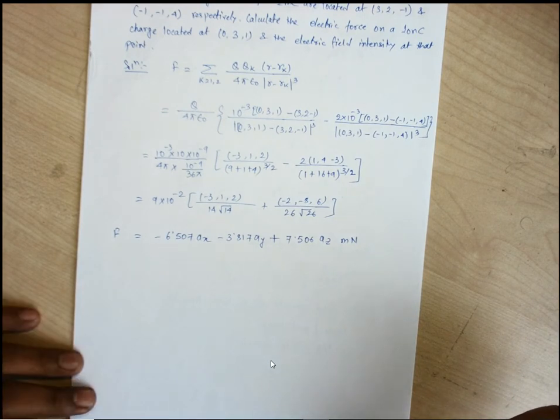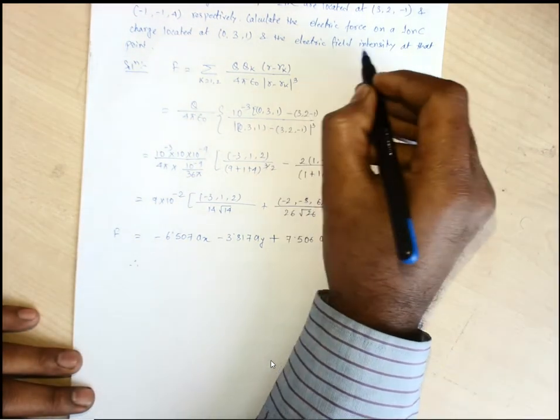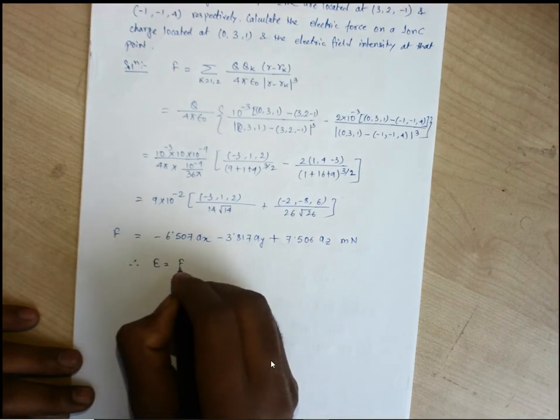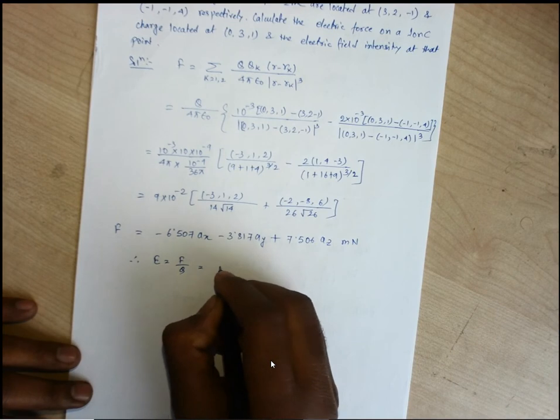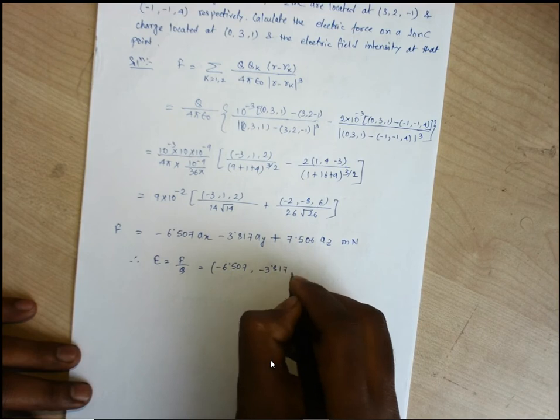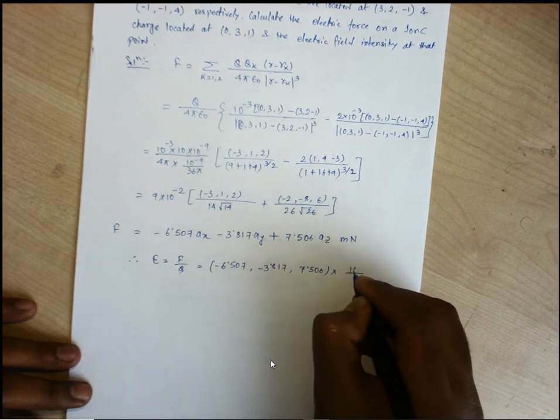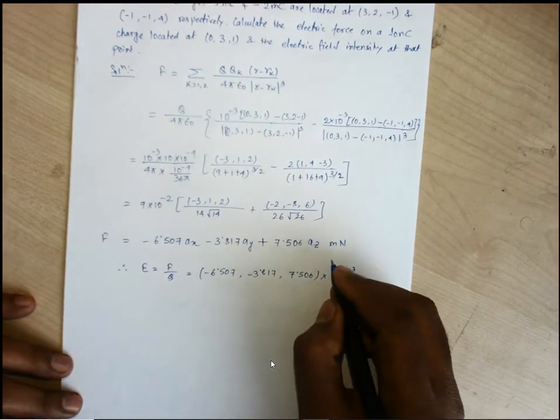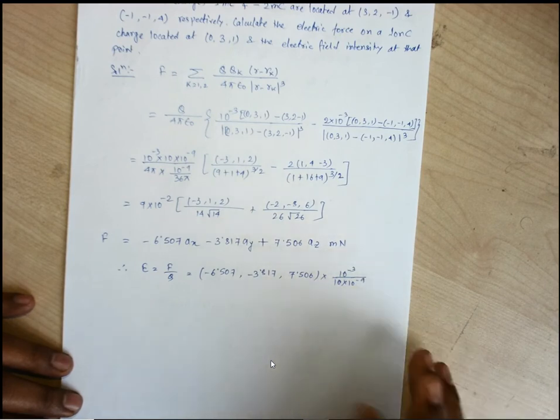Okay, so we need to find the electric field intensity at that point. So E is supposed to be F by Q. We have minus 6.507, minus 3.817, 7.506 into 10 to the power minus 3 newton divided by that Q, which is 10 nanocoulomb, 10 into 10 to the power minus 9.